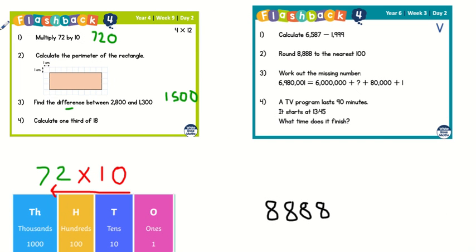Okay, Year 6, our final part of the lesson, we're going to look at the Year 6 flashback questions. Let's have a look at question 1. Calculate 6,587 subtract 1,999. I'm going to do this one mentally. I can round 1,999 to 2,000.